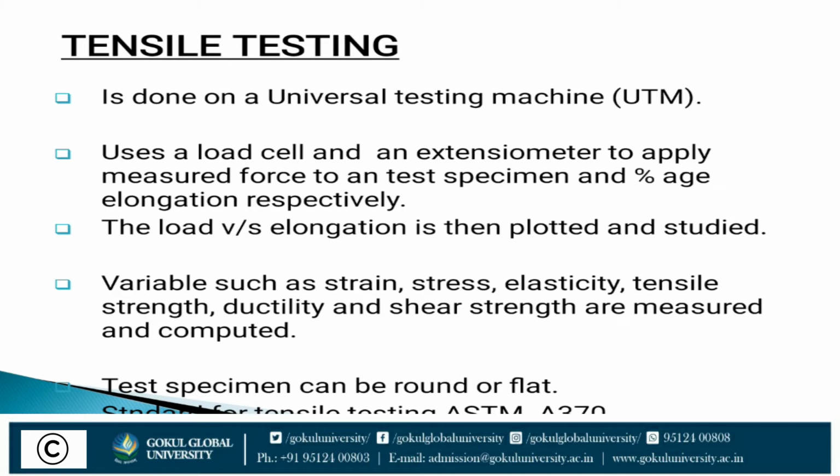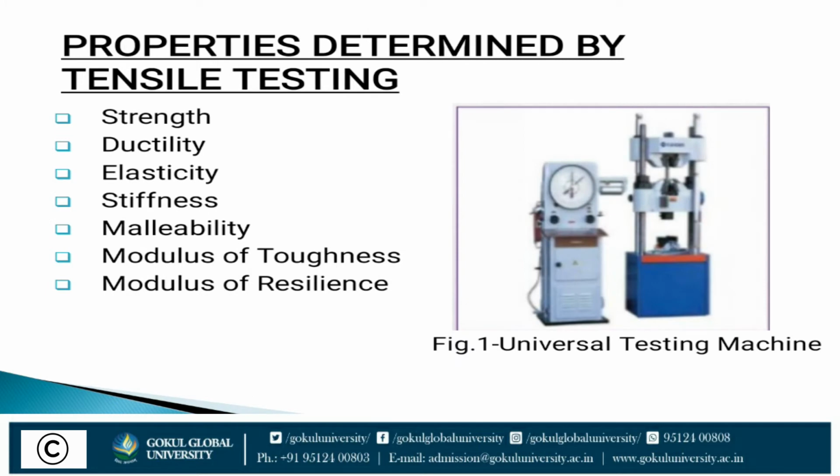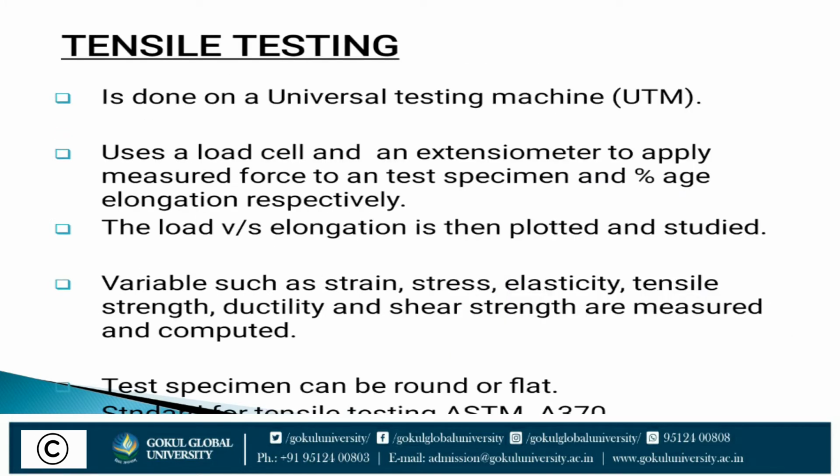So percentage elongation we can identify by using the universal testing machine. The load versus elongation is then plotted and studied. So we can plot the load versus elongation graph.